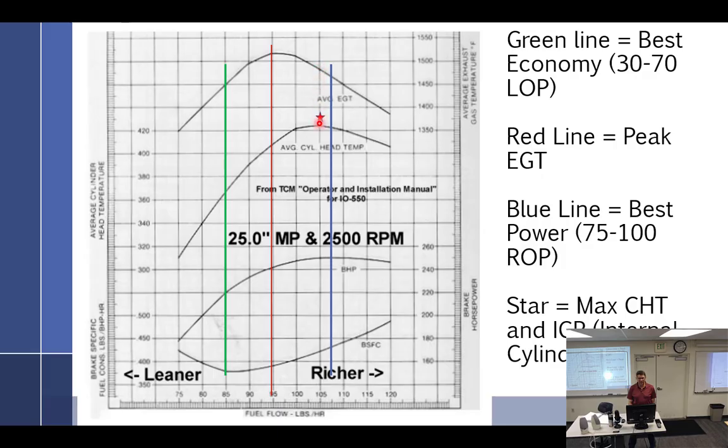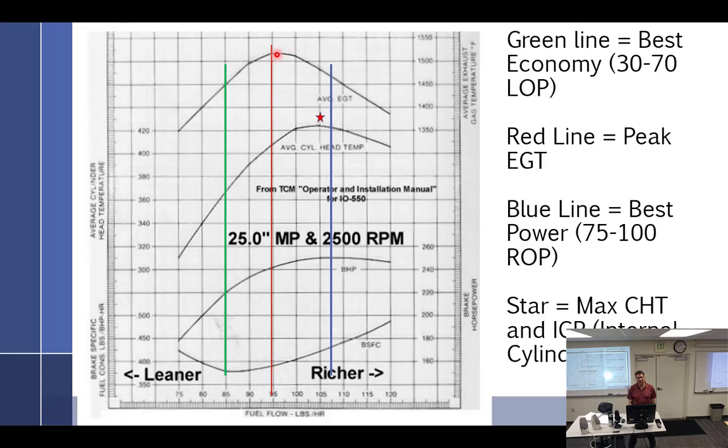That puts us right about at max CHT and internal cylinder pressure. That's not very good, is it? So 50 rich is worse. Back here at peak, the valves are hot, but cylinder temps are nice. Horsepower is good. Fuel consumption is good.